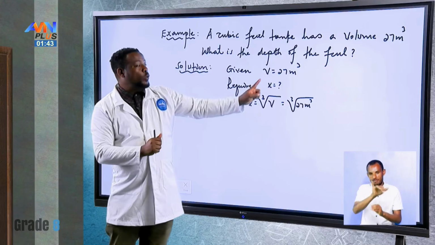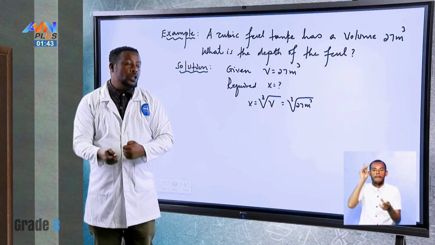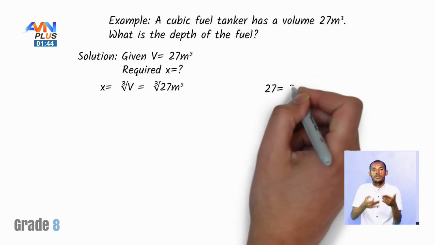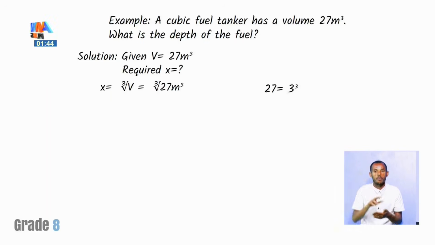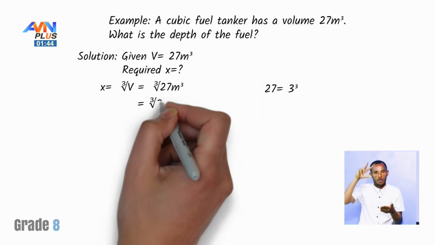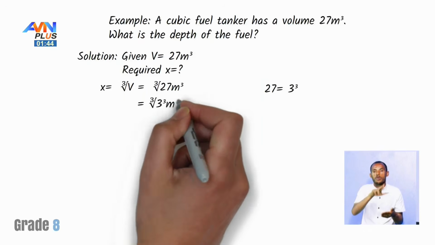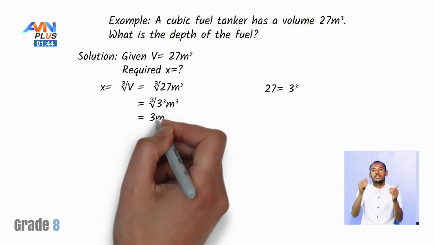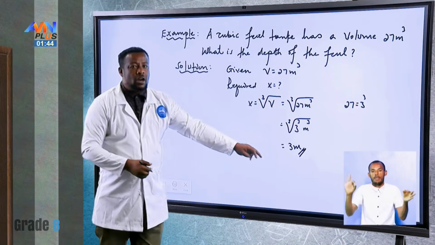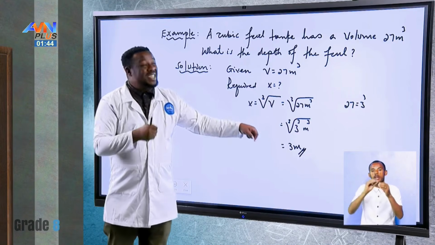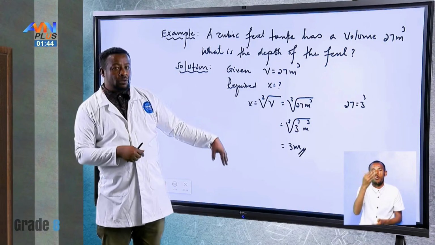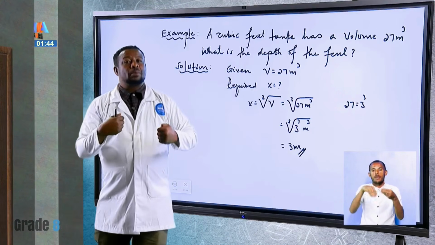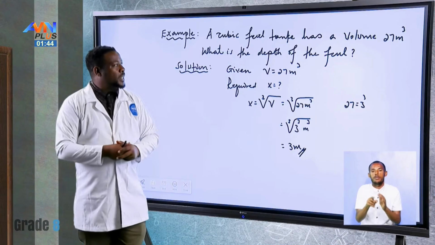But 27 is a perfect cube. You can write 27 in this form, 3 cube. So this becomes cube root of 3 cube meter cube, which becomes 3 meter. So this number tells us the depth of the fuel.